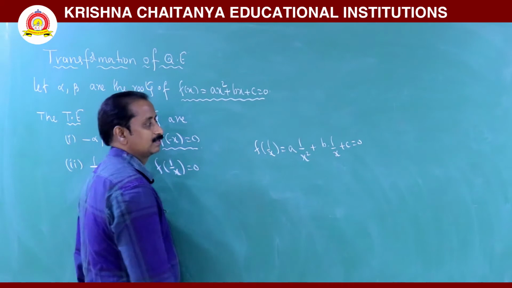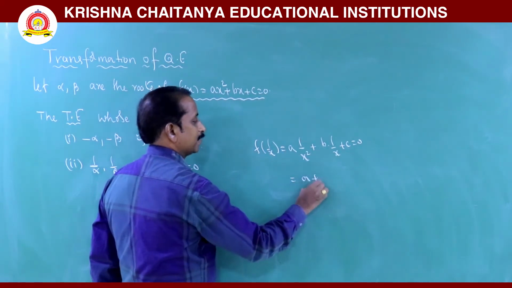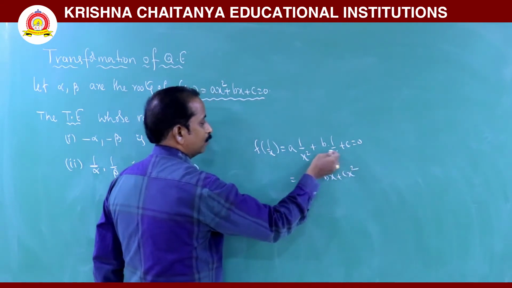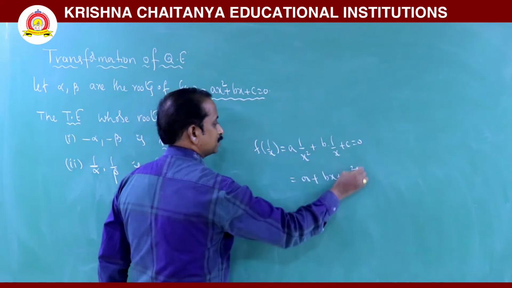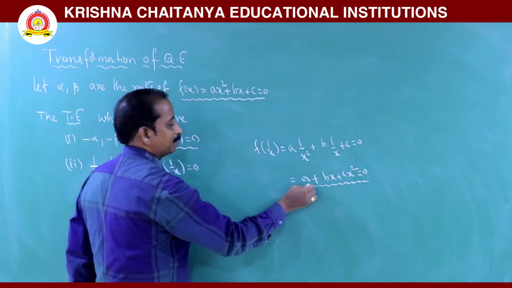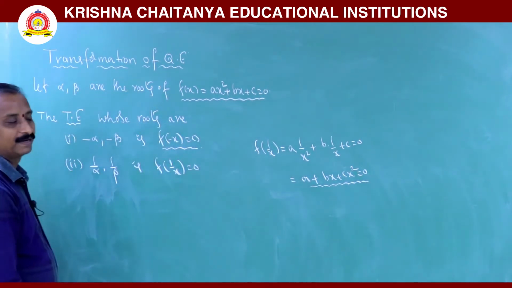LCM should be x square. After LCM it becomes a plus b times x plus c times x square, whole divided by x square. Cross multiply, it is equal to 0. This is the required transformed equation whose roots are 1 by alpha comma 1 by beta.